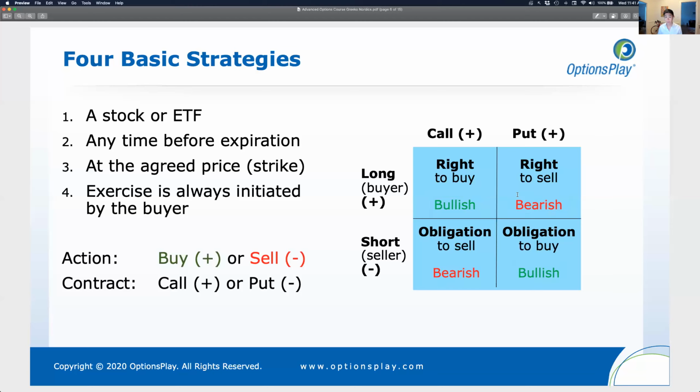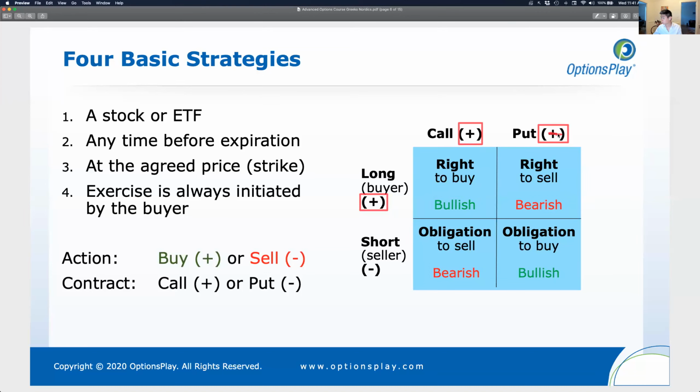Now, this is sometimes confusing. One of the things many investors do to avoid confusion, especially if you're brand new and wondering how to memorize these 4 strategies, is to remember that calls are positive and buying is positive. Puts are, whoops, this should be negative.